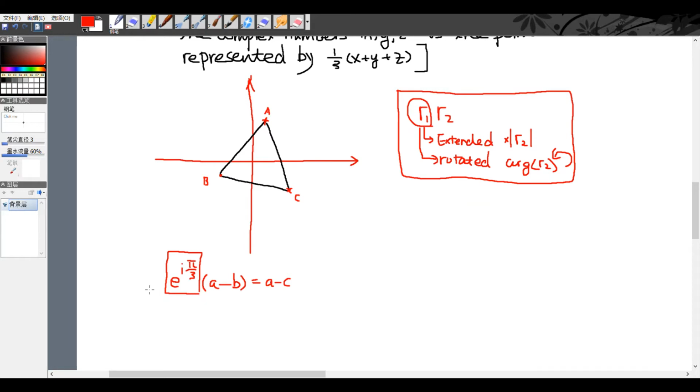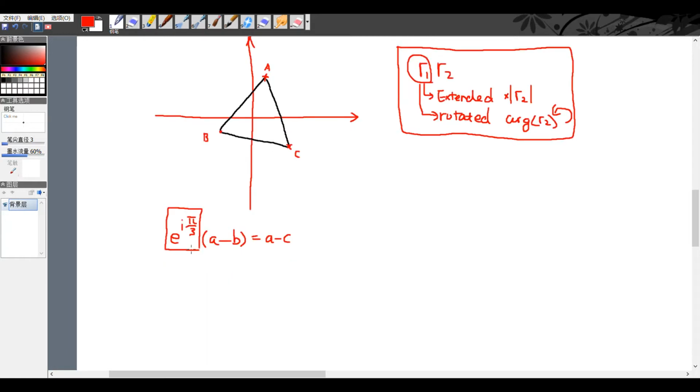By expanding this term using Euler's formula, we have (cosine pi over 3 plus i sine pi over 3) times (a minus b) is equal to a minus c.